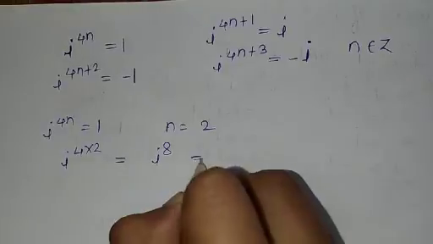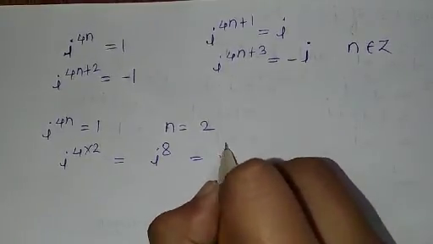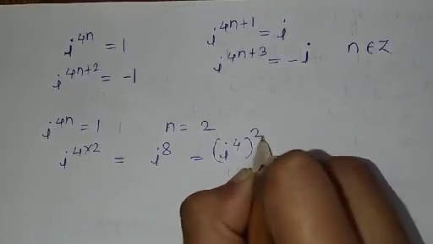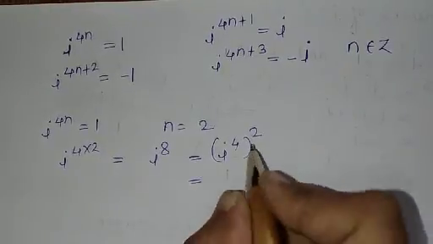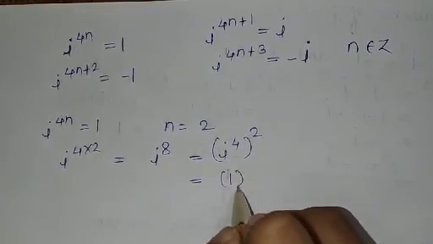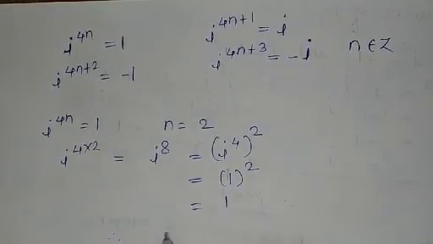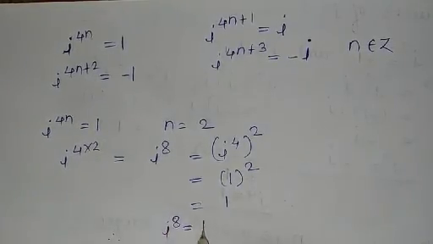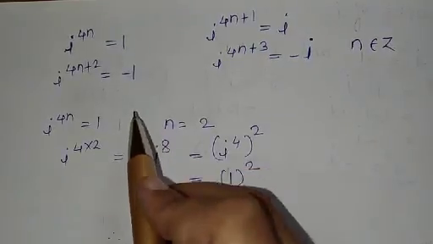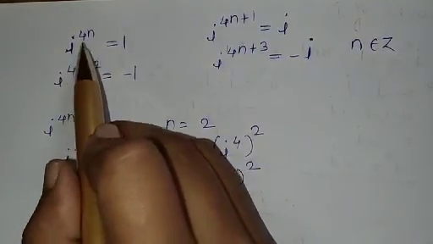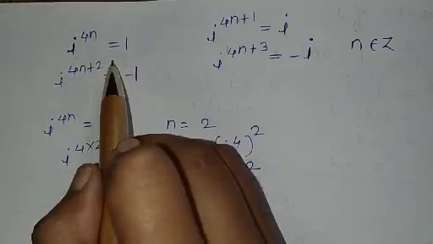This iota raised to 8 can be written as iota raised to 4 bracket square, and iota raised to 4 is nothing but 1. 1 square is equal to 1. Therefore we get iota raised to 8 is equal to 1. That is proved: iota raised to 4n is equal to 1.